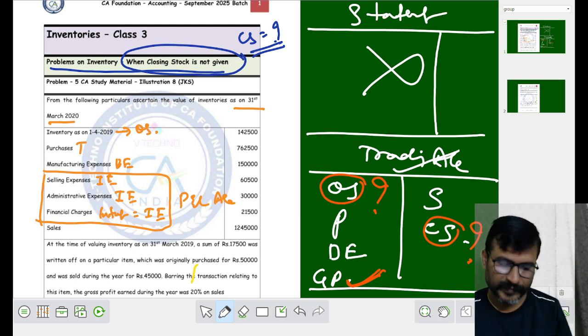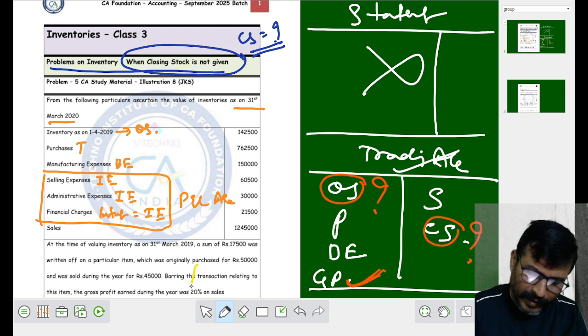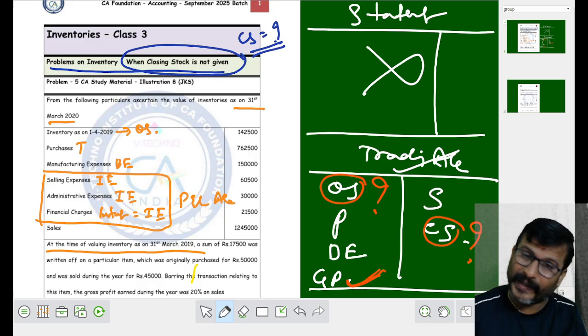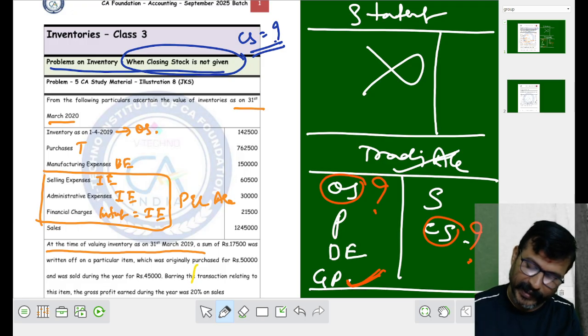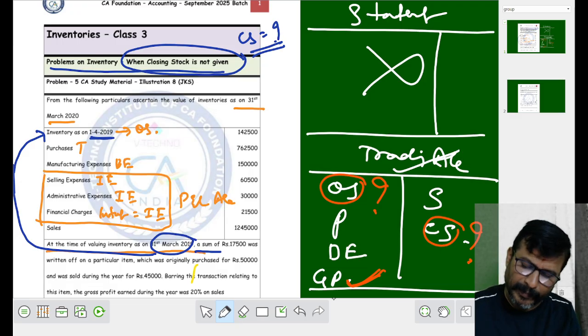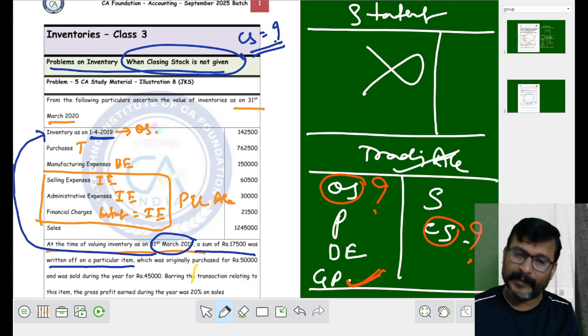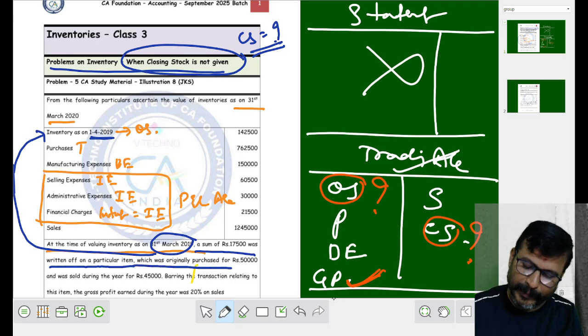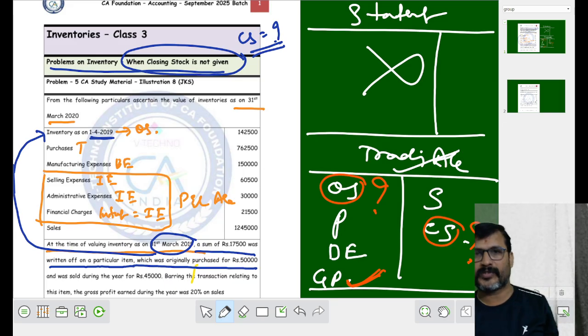Sales is given. Fine. At the time of valuing the inventory on 31st March 2019, which inventory is it? It is the first inventory, that is April 2019. A sum of 17,500 was written off on a particular item which was originally purchased for rupees 50,000.